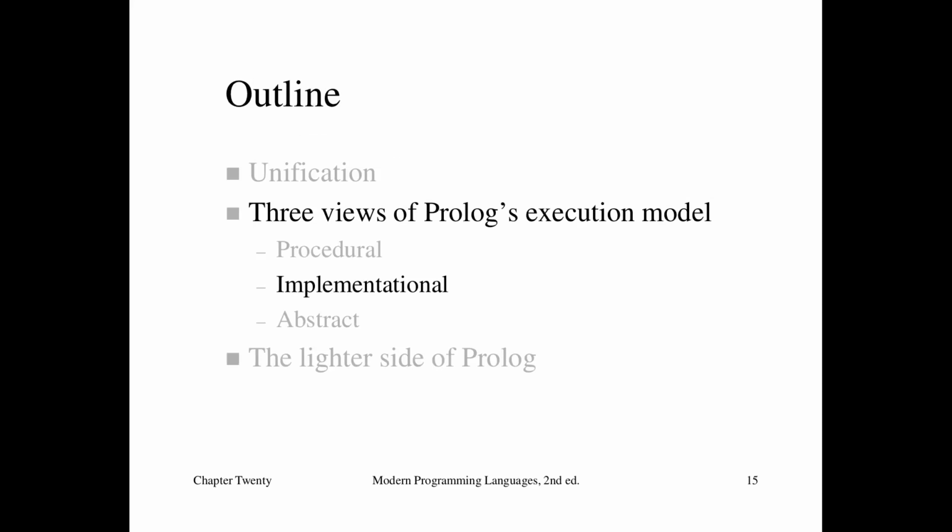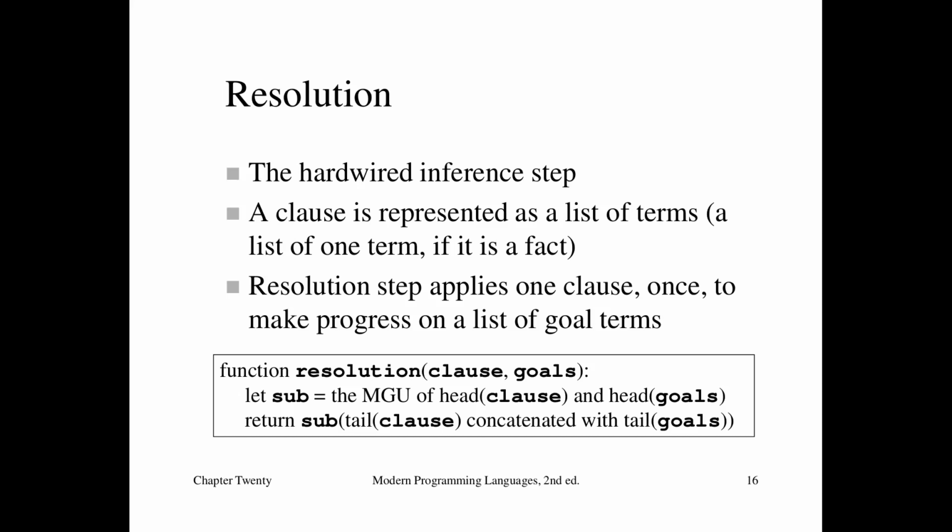And so that is thinking of everything as a call in a procedural way, an implementational way of thinking about this. For the implementational view of how Prolog's execution model is actually built, we have to first think of the concept of resolution. In the background, this is what the actual inference step is. Resolution is a logical technique, which I'm not going to go into, but essentially we have a clause and a set of goals.